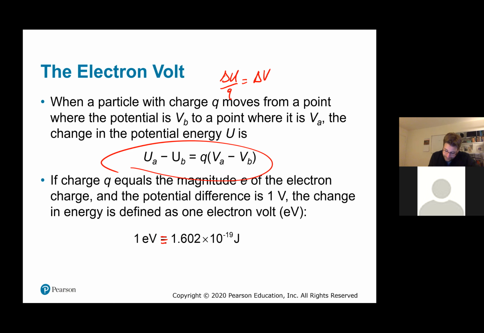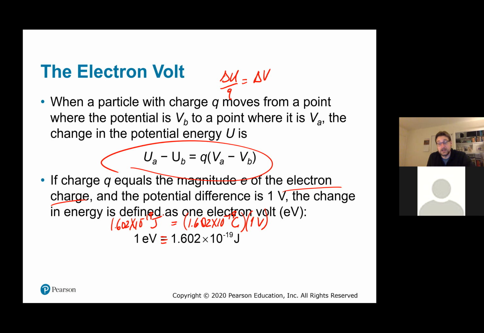Well, because if it's 1 electron, Q is 1.602 times 10 to the negative 19 coulombs times 1 volt is 1.602 times 10 to the negative 19 joules.